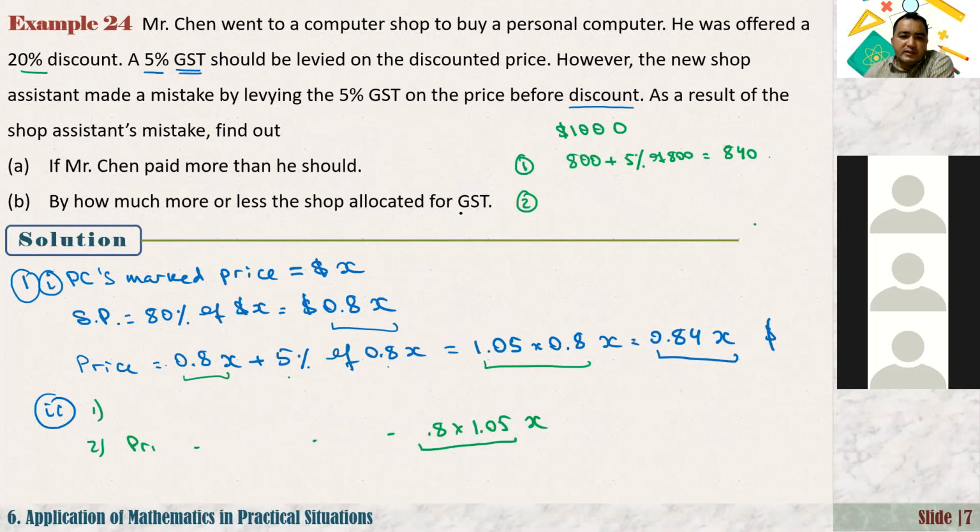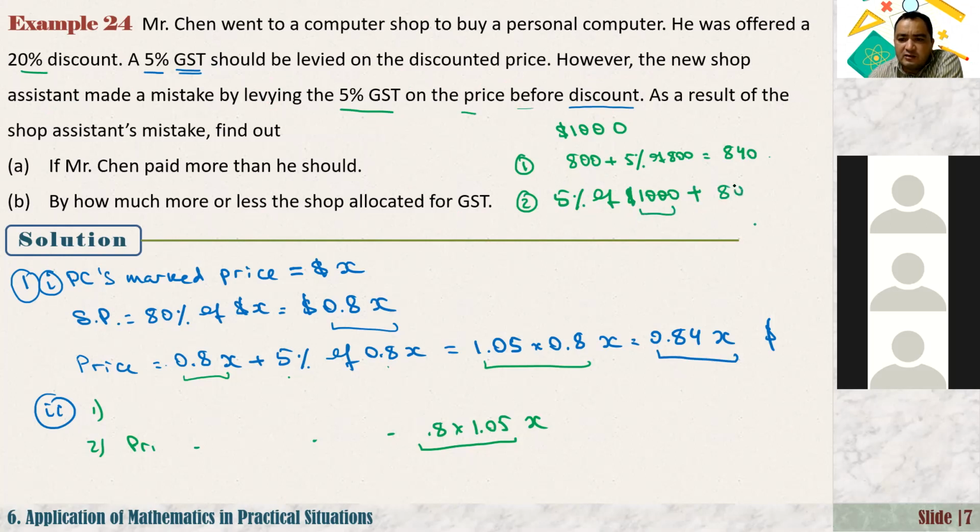Okay, here in the second case, it says that a 5% GST should be levied on the discounted price. However, the new shop assistant made a mistake by levying the 5% GST on the price before discount, right? So that means that first, how much is the PC? It is $1,000. And after that, he made a discount on this $1,000.